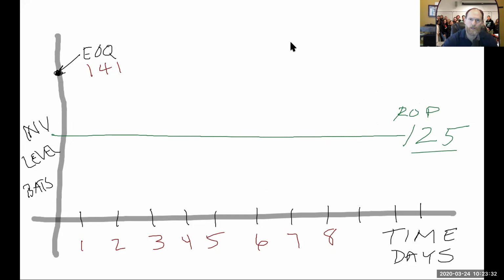So let's see when and where we hit that. Well, remember, D is 25. We're definitely going to hit it in the first day, because if we take 141 minus 25, we're going to go below 125. So that's where I was kind of not real happy with my diagram here.